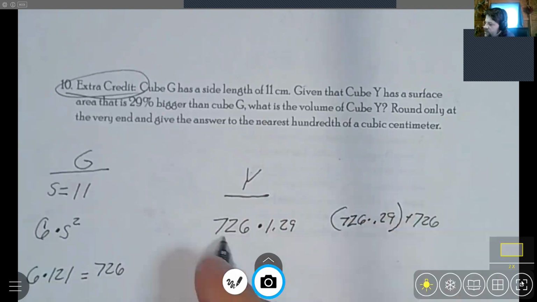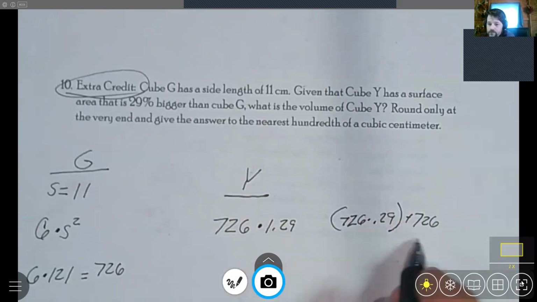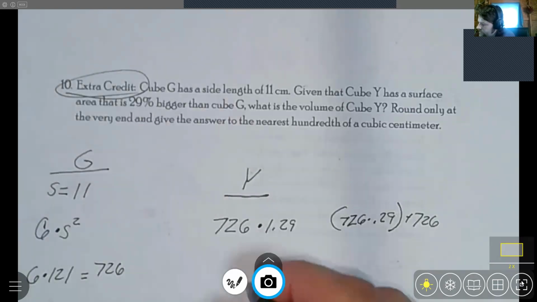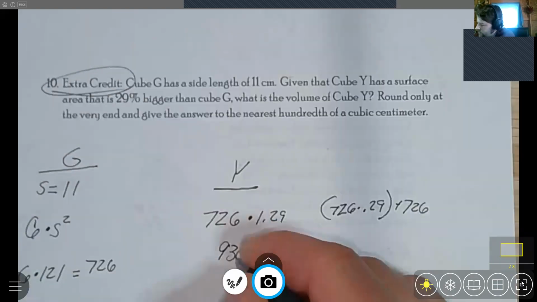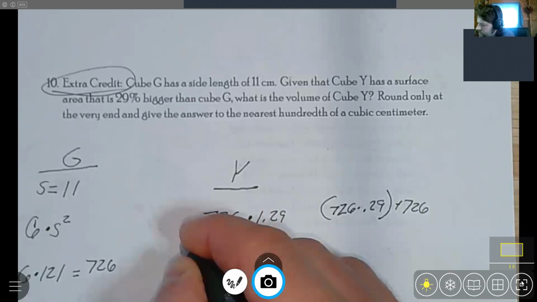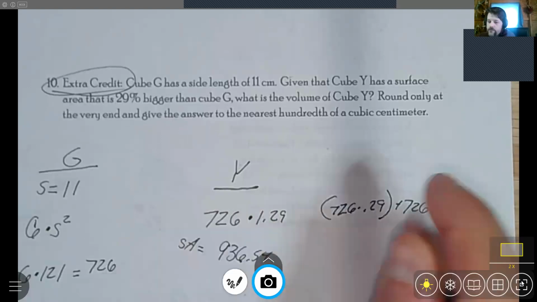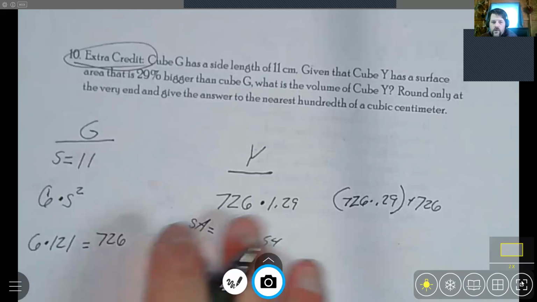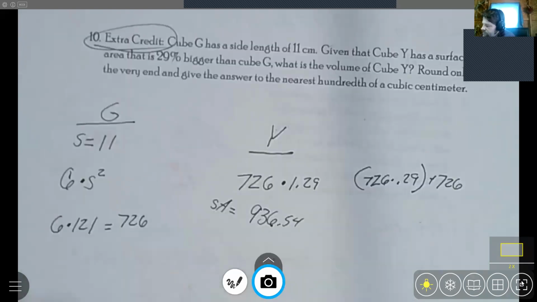This is just doing that all in one step. Both ways work. So if I multiply that by 1.29, that gives me 936.54 as the surface area of cube Y. Okay, but the question is, what is the volume of cube Y?